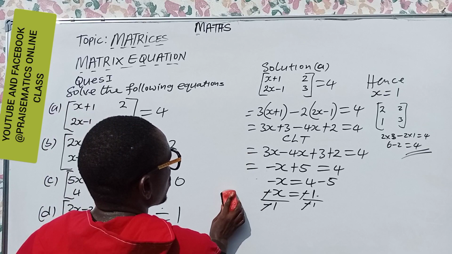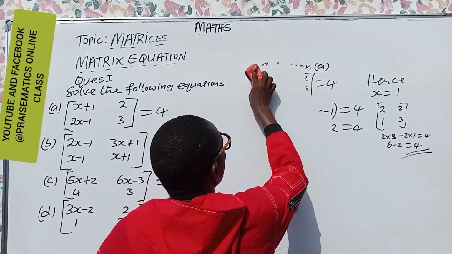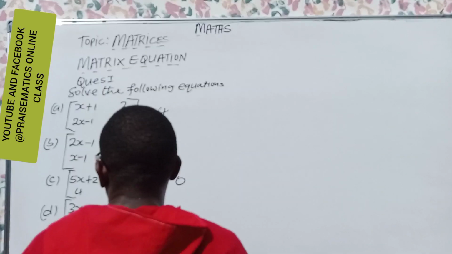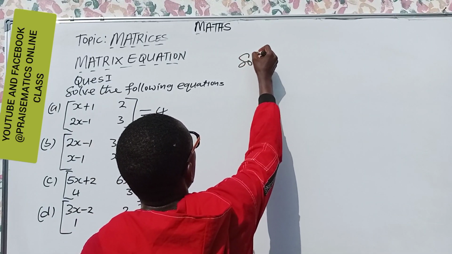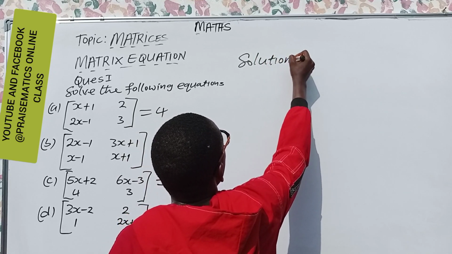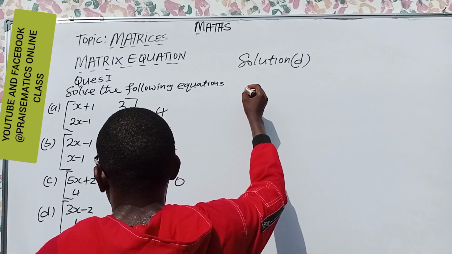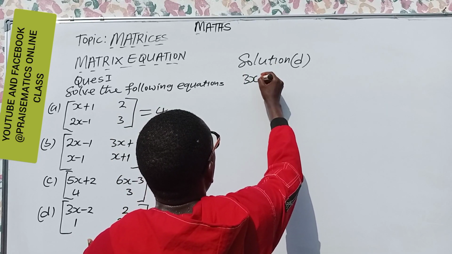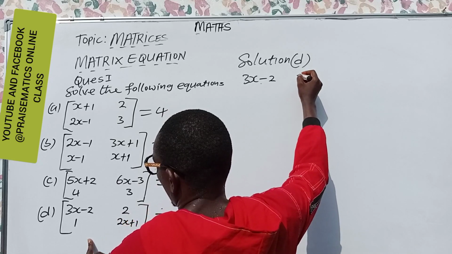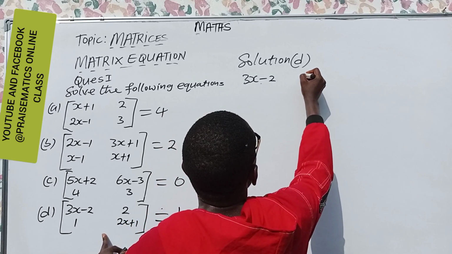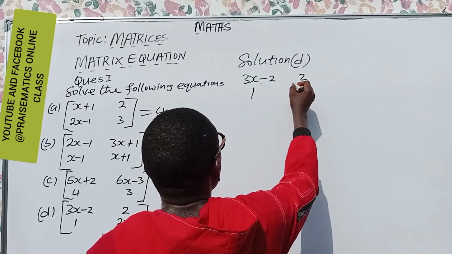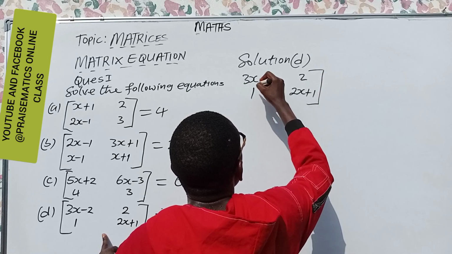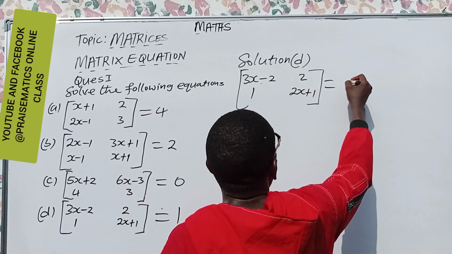So now let's go. Okay. Let's look at the solution D. This solution D, we have 3x minus 2 into 2 and 1 into 2x plus 1, is it equal to 1?